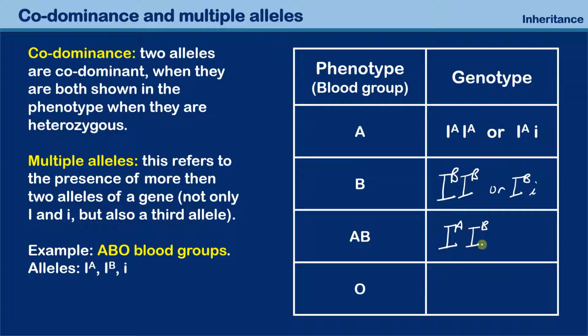It is heterozygous, it's not the same, but both of them are expressed, both of them are shown in the phenotype. So this example over here is the example for codominance. That is codominant. And blood group O is lowercase i. This is the recessive one.